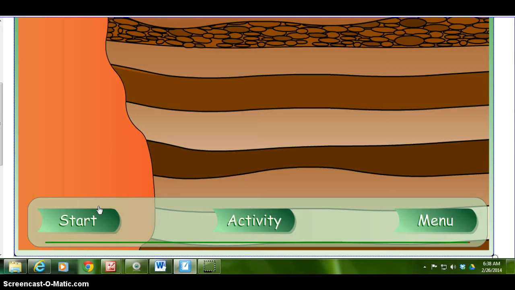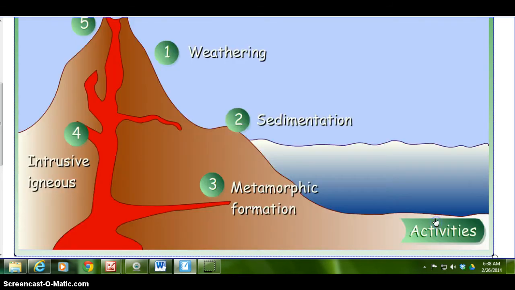That's compaction. Even more compaction than they've already gone through. And as they get pushed down into the earth, they are exposed to that extreme heat and pressure and become a metamorphic rock.